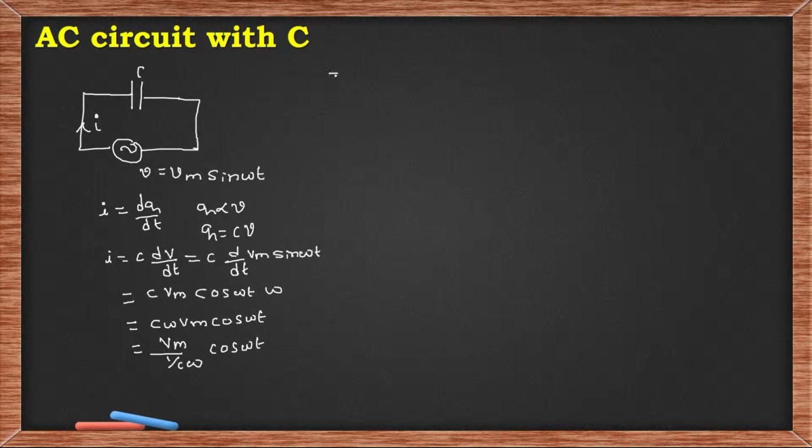So that is equal to Vm divided by Xc into cos omega t, where Xc is called reactance of capacitor, its unit is ohm. So voltage divided by resistance is nothing but the current.